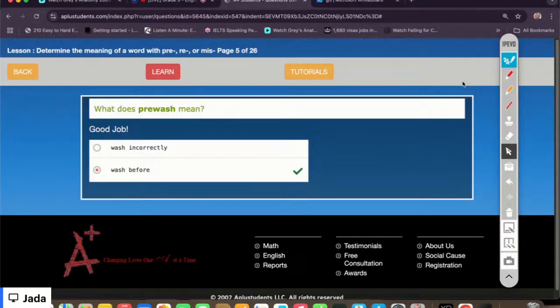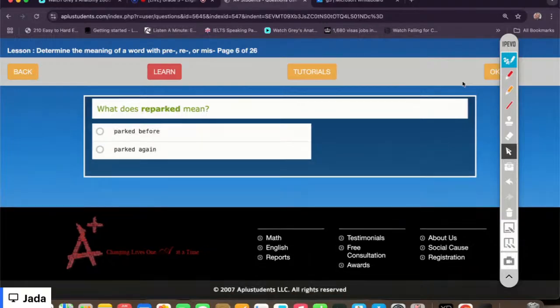That's pre-wash. What does repacked mean?